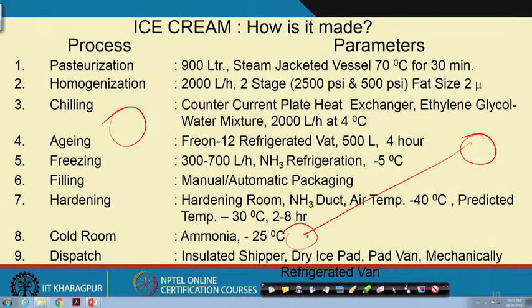So, it comes here, stays there for days together, and maybe depending on requirement goes there, right. So, this way the ice cream is manufactured. This is the process flow chart and the parameters which are involved in the production, right.